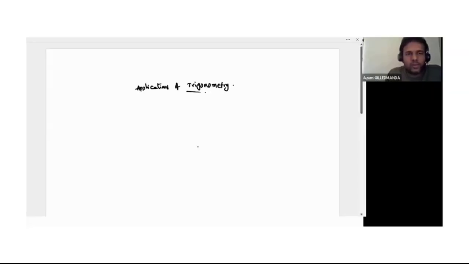Before we get into solving the problems using trigonometric ratios in a right angle triangle, first we need to understand two concepts here. What is angle of elevation, and then angle of depression.